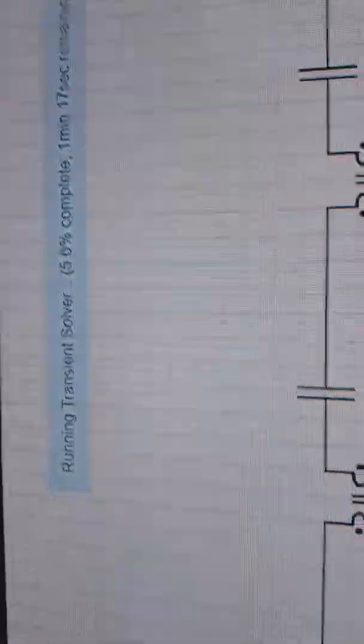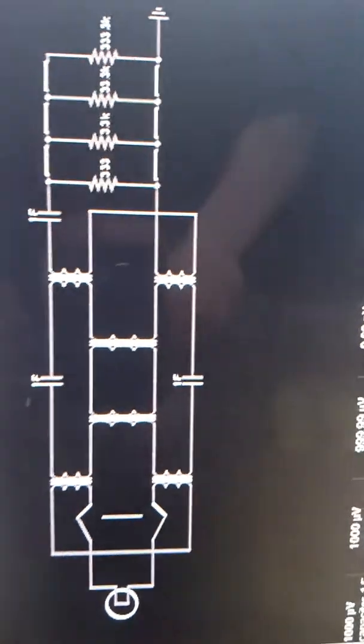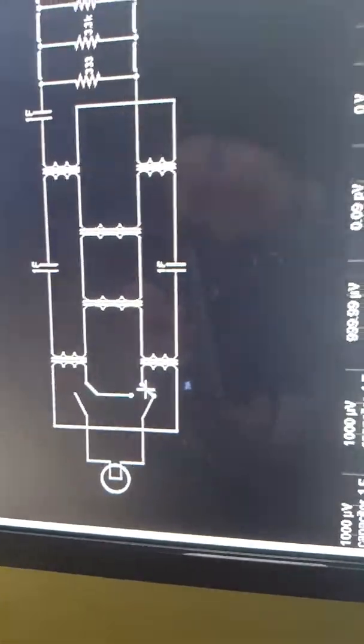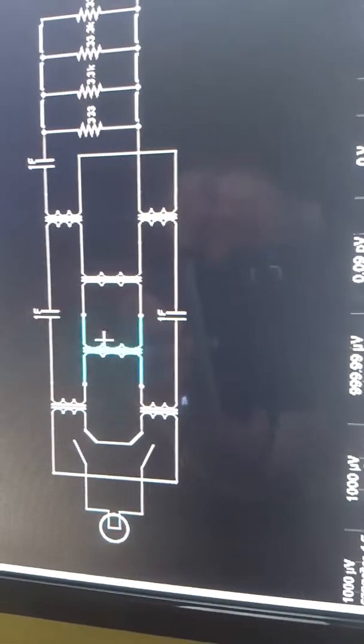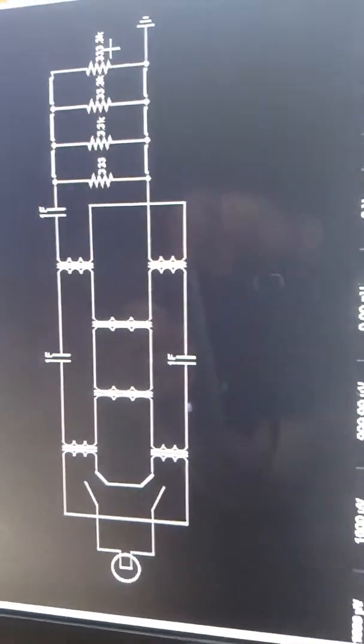It is running, and while it's running, I'm going to go to another tab and show you the same circuit, a little different, but basically the same, except over here where the battery was, I have a lamp and a bunch of resistors on the side.